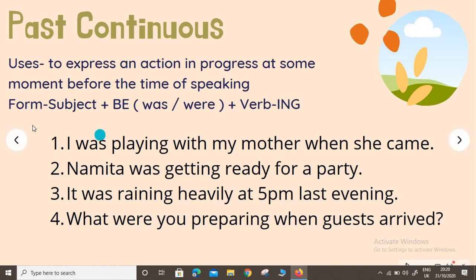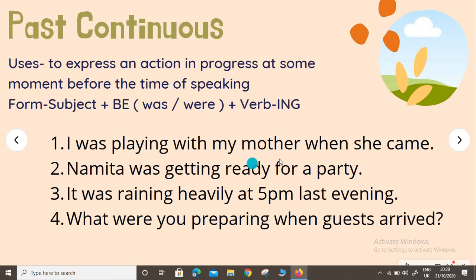Let us go for the sentence structure. What would be the sentence structure? Subject plus the form of be. And here the form of be will be was for singular, were for plural, and verb in the ing form. So it's a continuous sentence, so we need to use verb in the ing form.